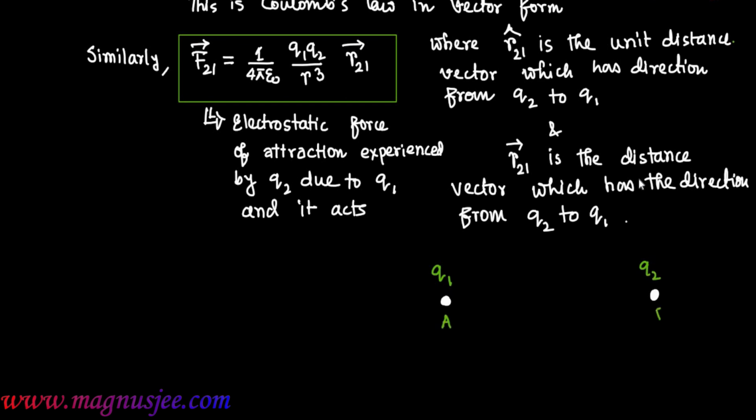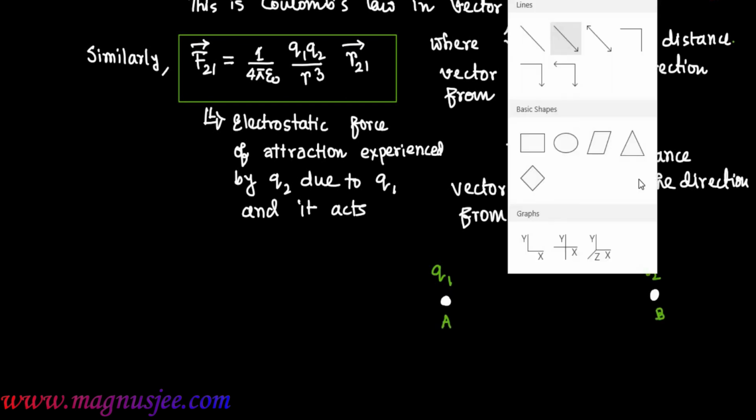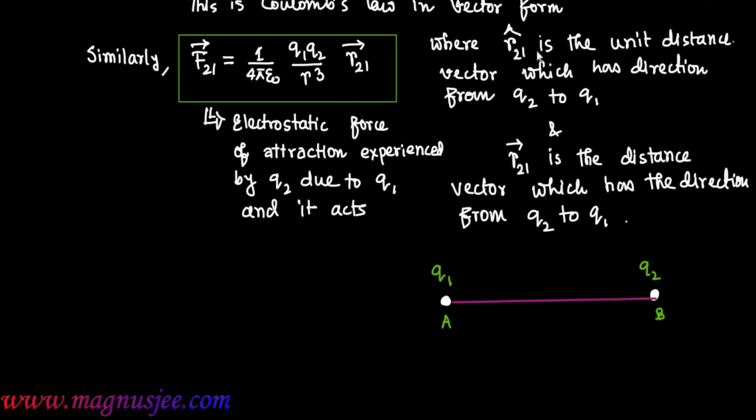q1, q2 are the two point unlike charges. They are situated or placed at the points A and B respectively. R is the distance between the two unlike point charges. Force experienced by q2 due to q1 is F21, which acts towards q1, and vector r21 is the distance vector of the charge q1 from the charge q2.